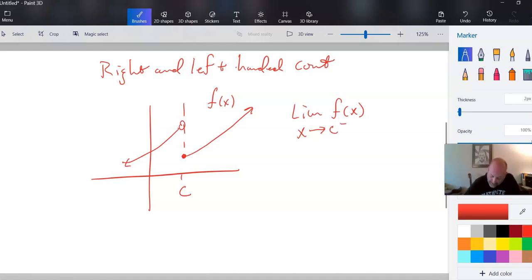In fact, let's say that's 3 and that's 1, just so we have some values. So the limit of f of x as x approaches c from the left-hand side, coming in from this side right here, is equal to 3.